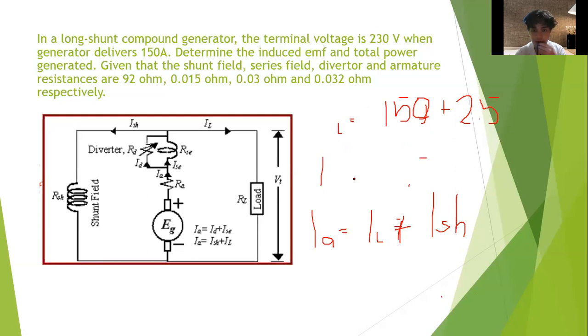So IA will be equal to 150 plus 2.5, equal to 152.5.